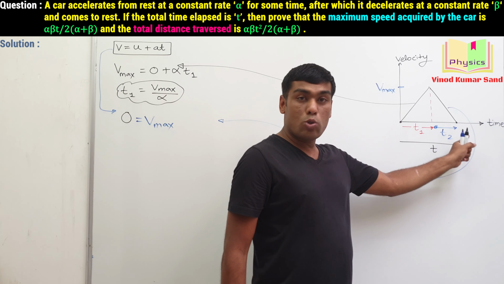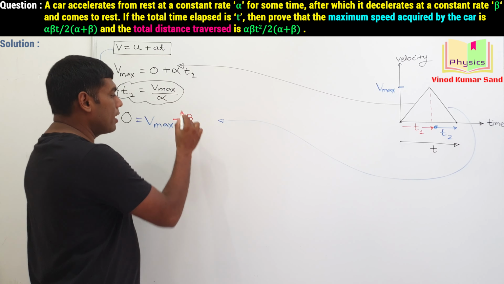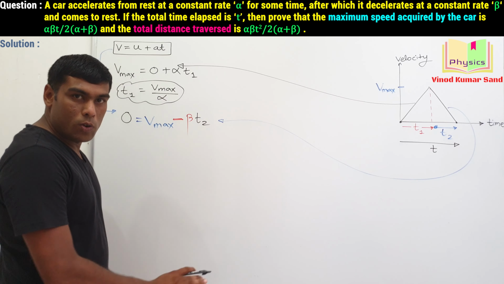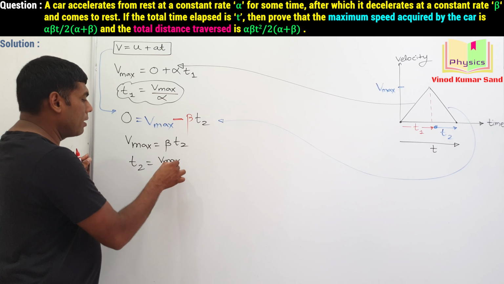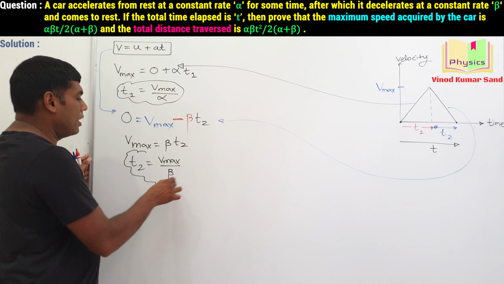The car is slowing down, so the velocity and acceleration are directed in opposite directions. That's why I am considering a negative sign, and the value here is beta. Time taken is t2. So from here we can write that v max is equal to beta t2. So t2 comes out to be v max by beta.